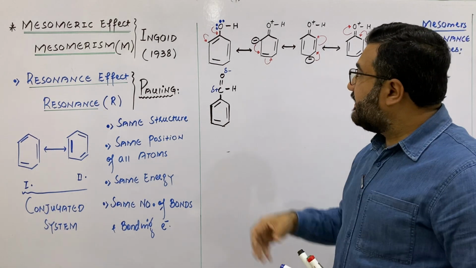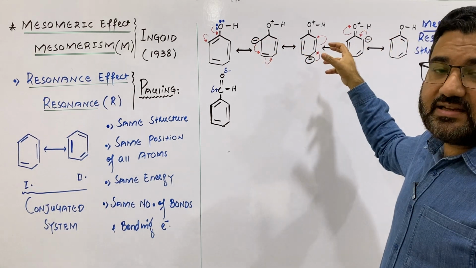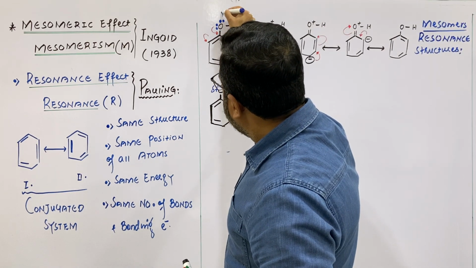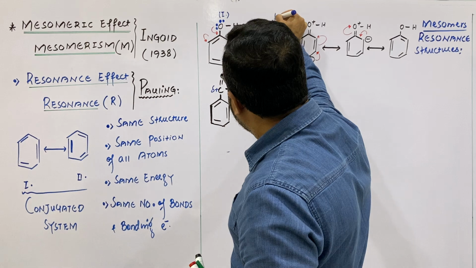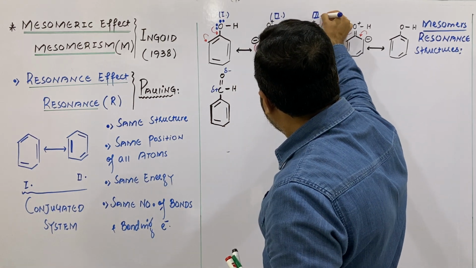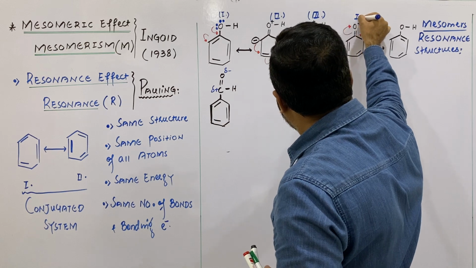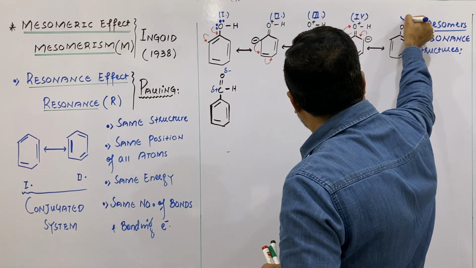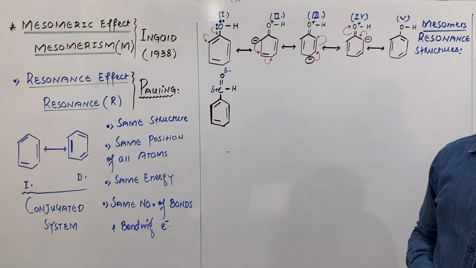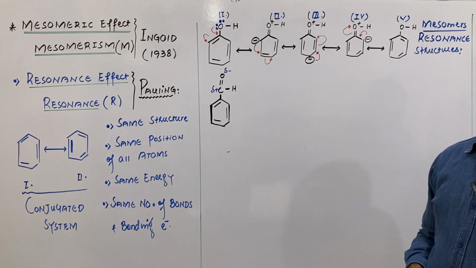So they are both resonating structures as well as mesomers. These structures from structure 1 to 5, they are mesomers of each other and they are also the resonating structures.